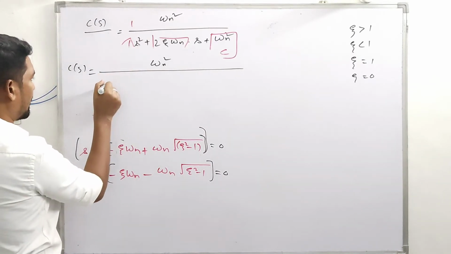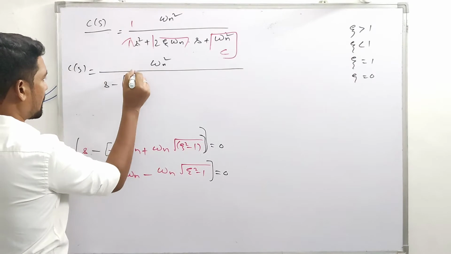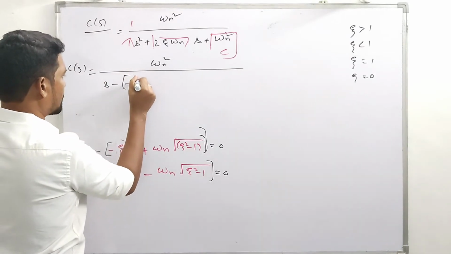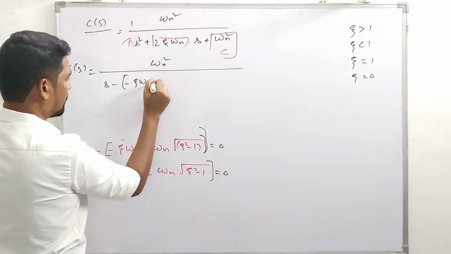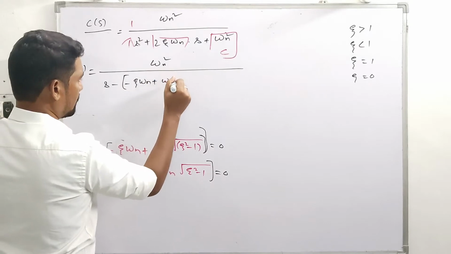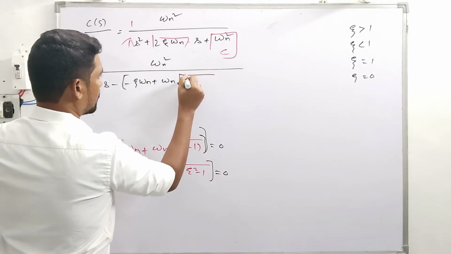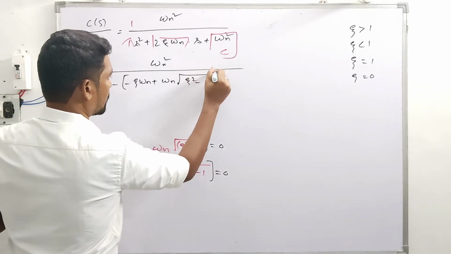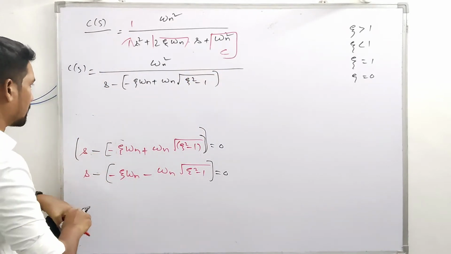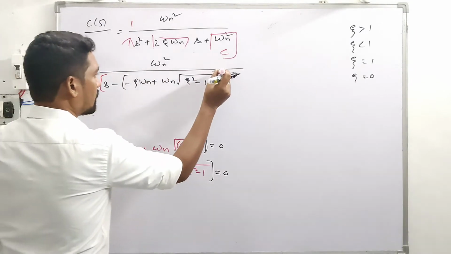All right, so s minus of minus zeta omega n plus omega n into under root zeta square minus 1, close the bracket, for the first root.